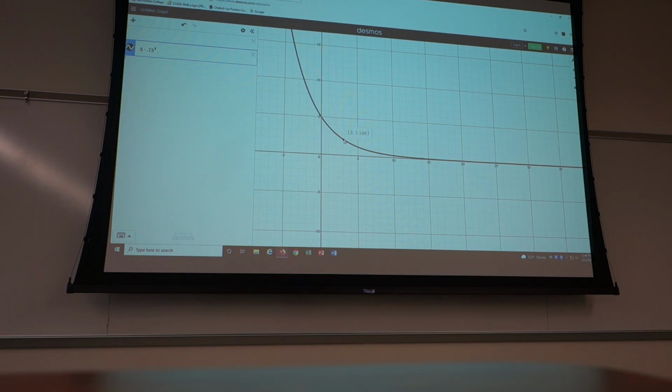Round up to 2.11. Yeah, 2.11 is good. That's fine. And this is where you just divide them, this divided by the 2.81.